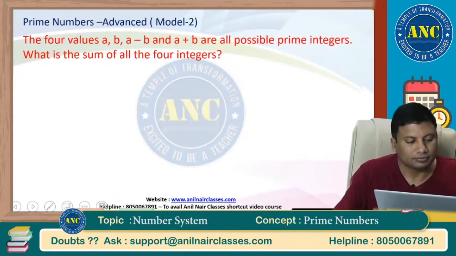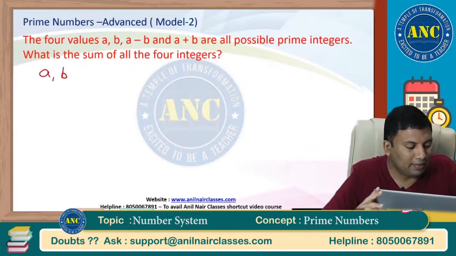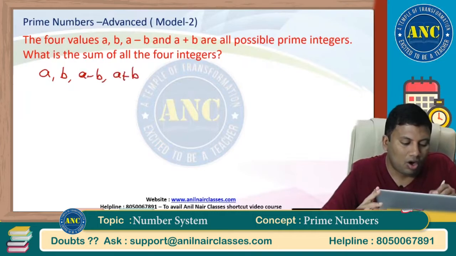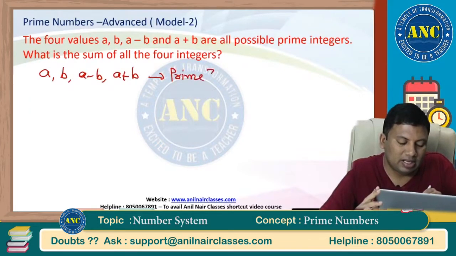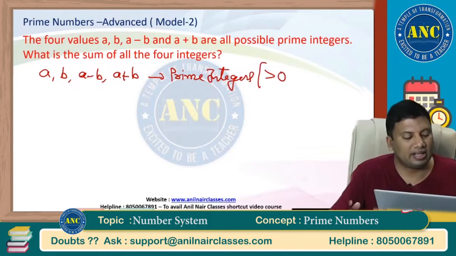Next one, model number 2. There are 4 values: A, B, A minus B, A plus B. All are prime integers. A prime number is a subset of natural numbers, so all the values are greater than 0.